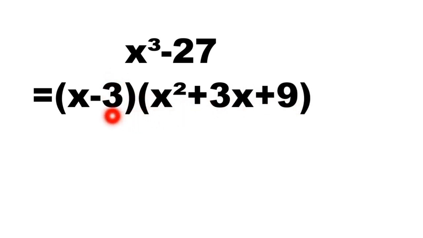So the factor of x cubed minus 27 is equal to quantity x minus 3 times quantity x squared plus 3x plus 9. That is how to find the factor of the difference of two cubes.